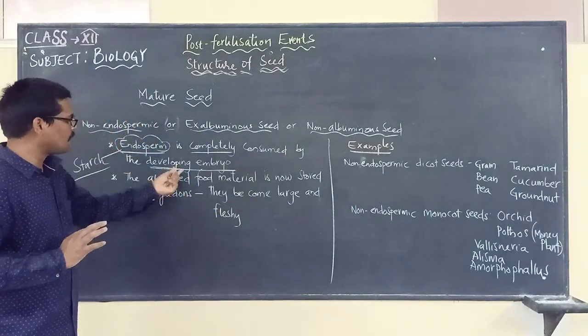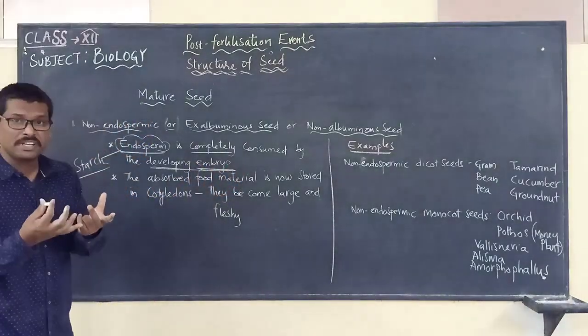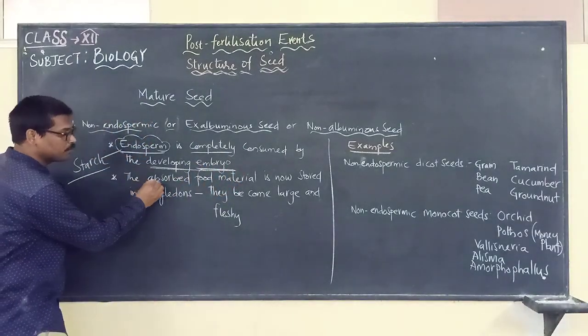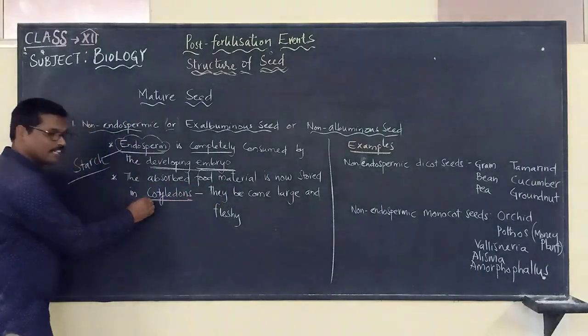So now the endosperm is completely consumed by the embryo. Then where is the embryo storing that nutritive material? That is absorbed as food material, which is now stored in the cotyledons.